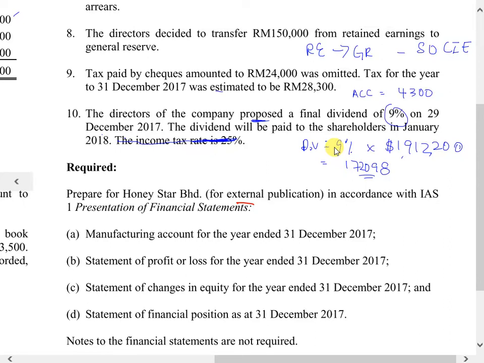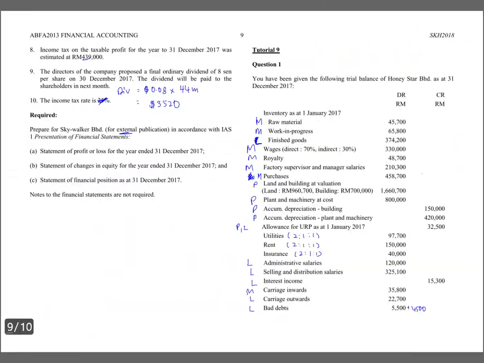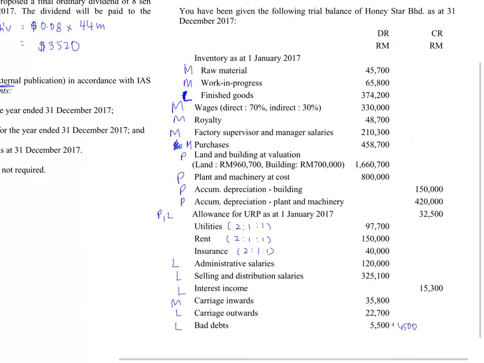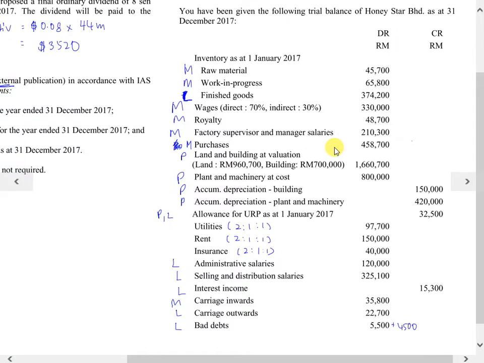And administrative expenses, distribution, all in one category total. Okay. Now, already identified here, raw material is for manufacturing accounts, work in progress, manufacturing, finished goods, opening finished goods, SPL. L means SPL. P will be SFP.